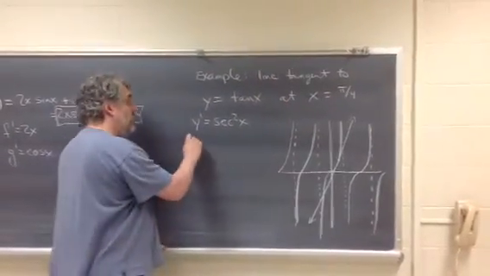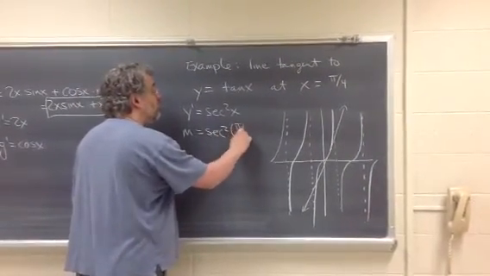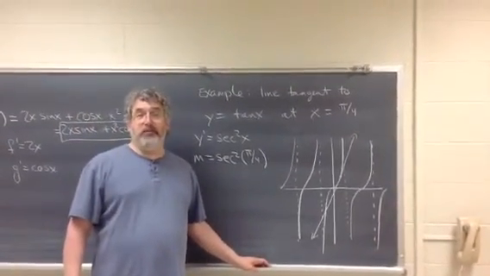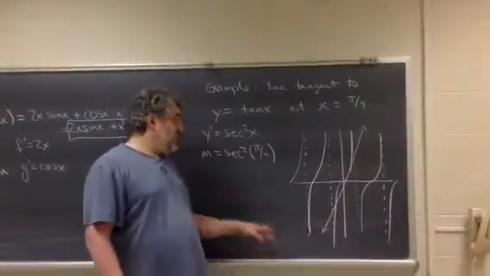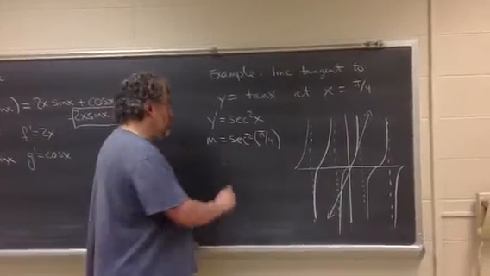To find the slope, we plug in our x value. You have to think back, perhaps, but the secant is 1 over the cosine. So this is 1 over the cosine squared of pi over 4.